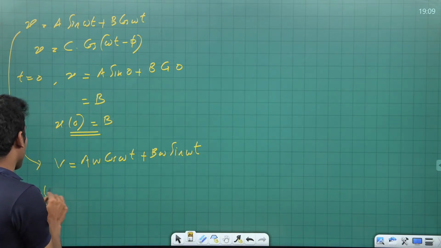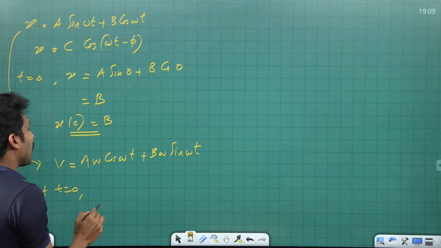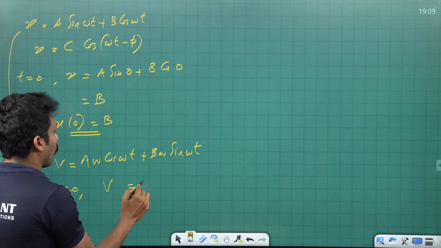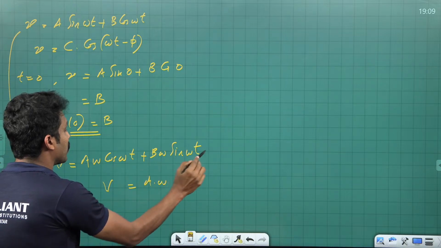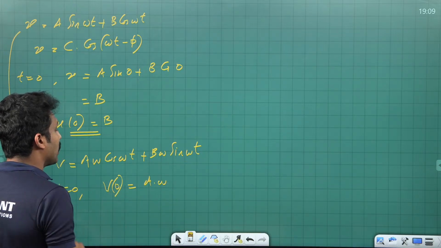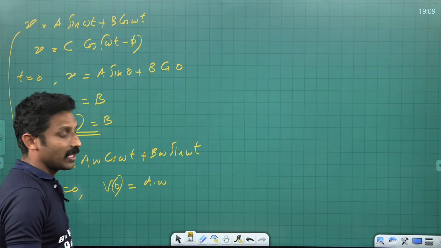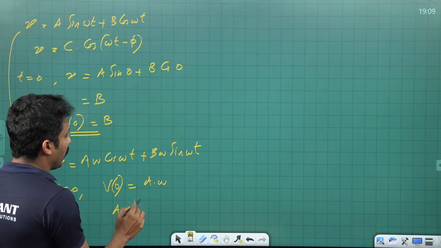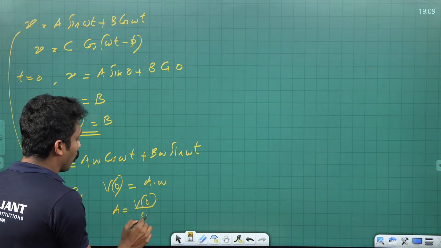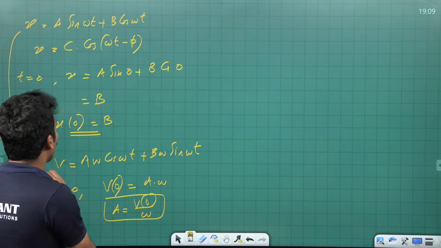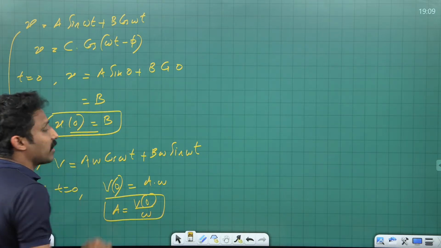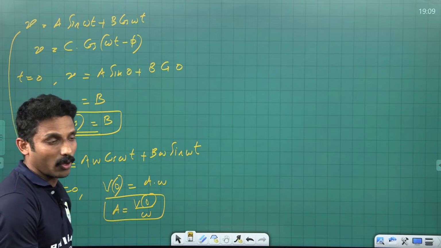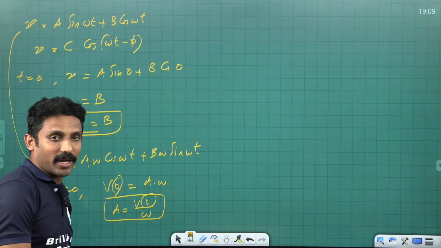Again at time t = 0, the first term is a ω and the second term is 0, and this is given in the question as v(0), which means the value of a is v(0) divided by ω. Two constants we already obtained: b = x(0) and a = v(0)/ω.